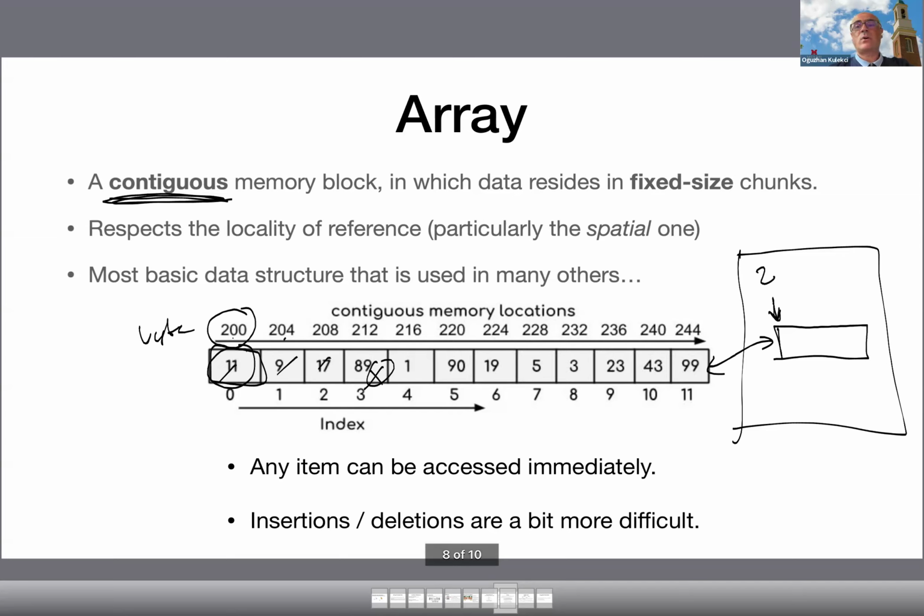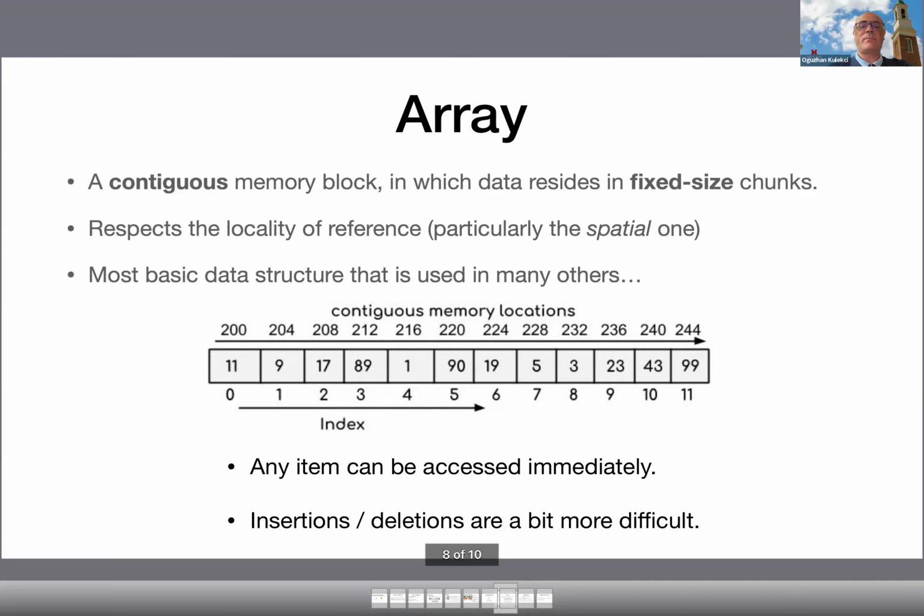So 200 plus 3 times 4. This will give me 212. 212 is the starting position of the fourth item of this array. That means when you are using an array, you can access any random position with just one address calculation.